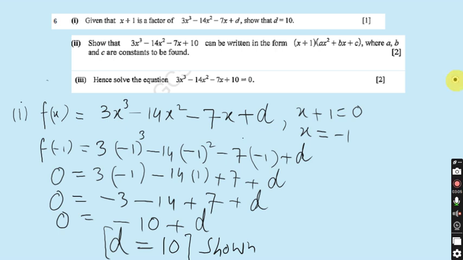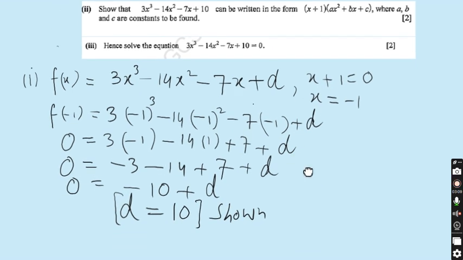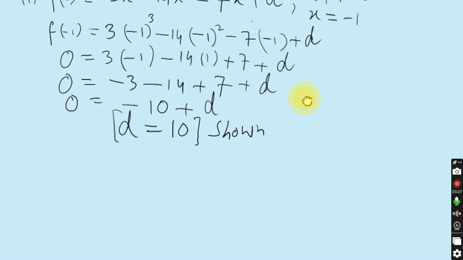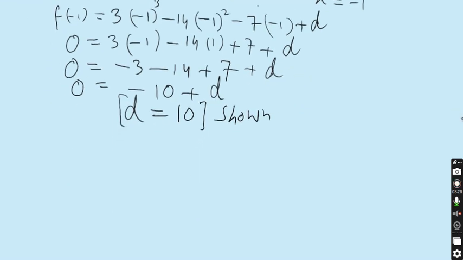Now the second part is: show that 3x cube minus 14x square minus 7x plus 10 can be written in the form (x plus 1) into (ax square plus bx plus c), where a, b and c are constants to be found. Again a very easy part.